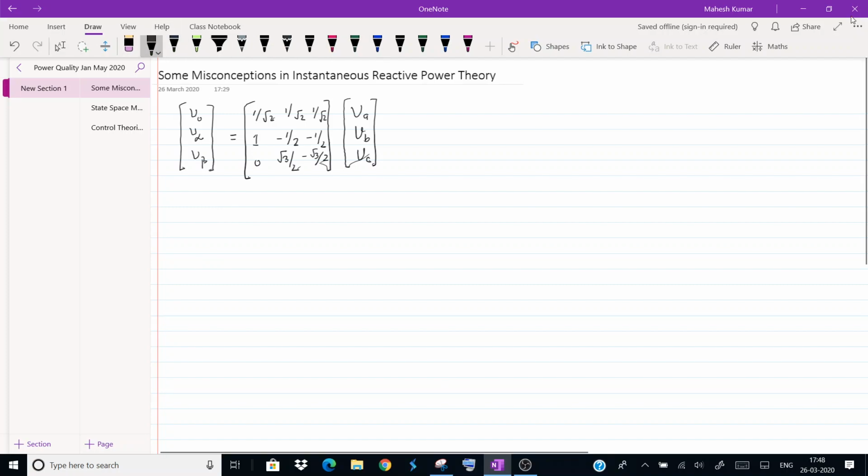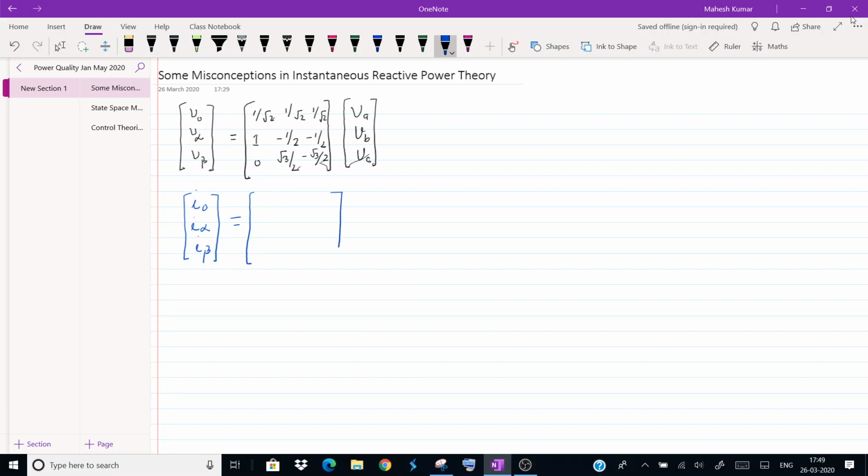It will be better for us. So this is I0, then I alpha and I beta. Now this is equal to the same matrix.